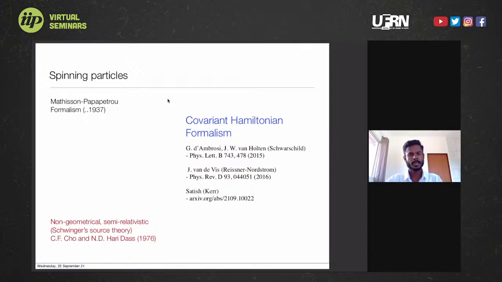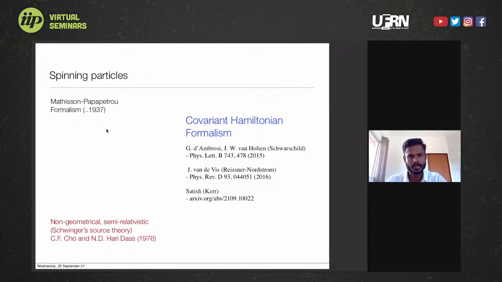The spin is an indispensable property of astrophysical objects, as we all know, and even for microscopic objects as well. The attempt to understand the spin of a macroscopic object began very soon after the invention of the general theory of relativity. For example, Mathisson and Papapetrou started formulating their theory for understanding spinning particles in 1937.